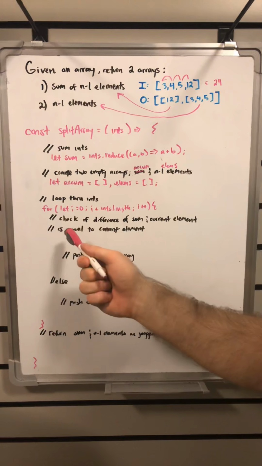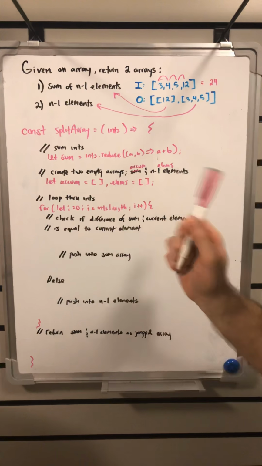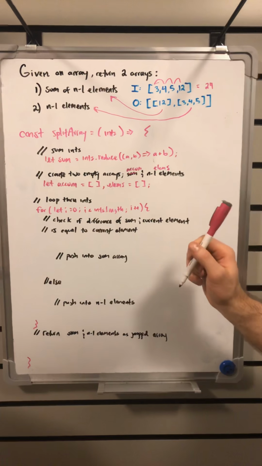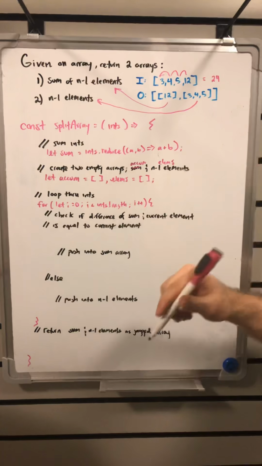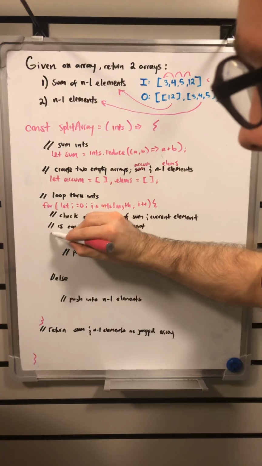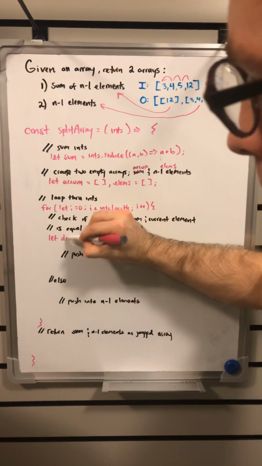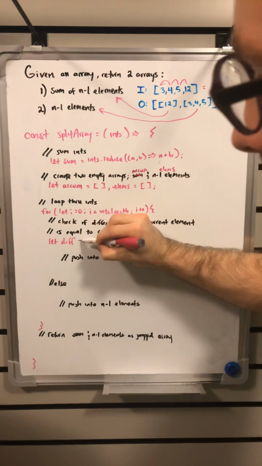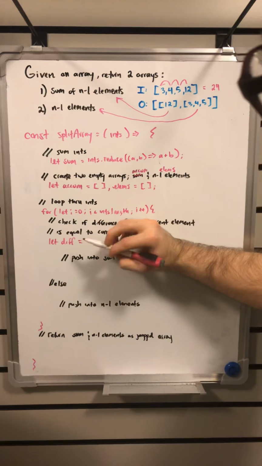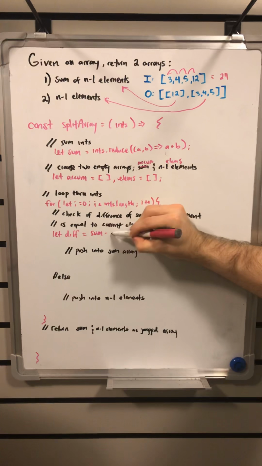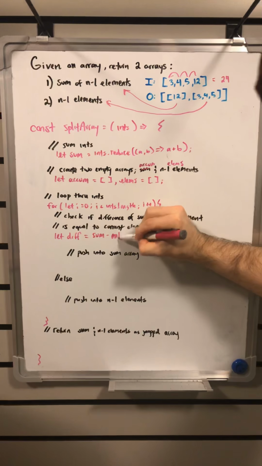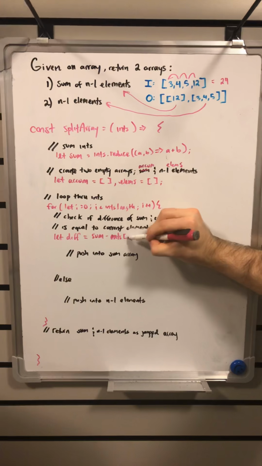And then inside of here, we're going to check if the difference of the sum and the current element is equal to the current element. So we'll create a variable, we'll call it diff for difference, and we'll say sum minus ints at i.